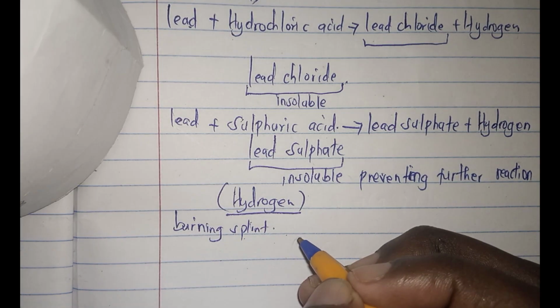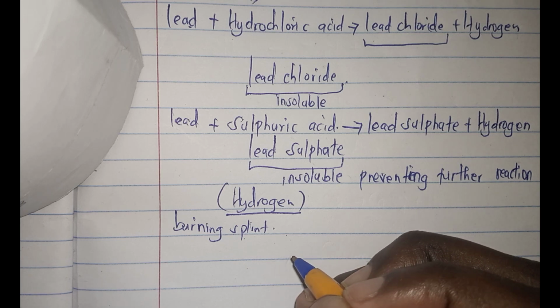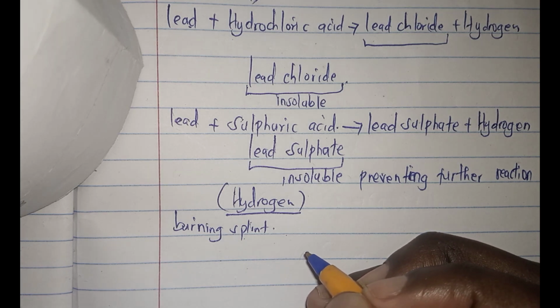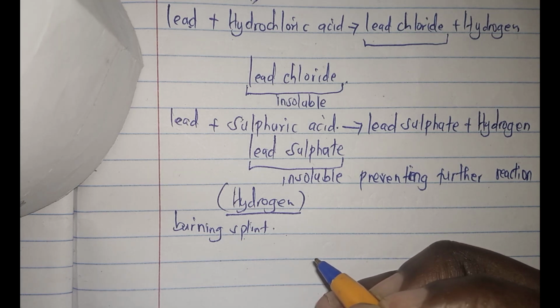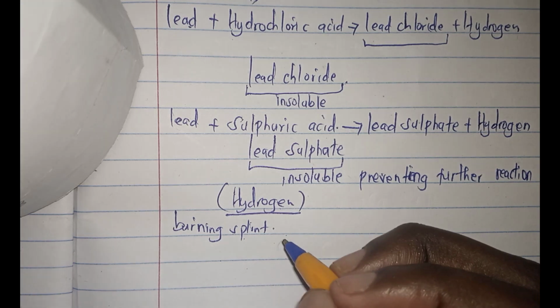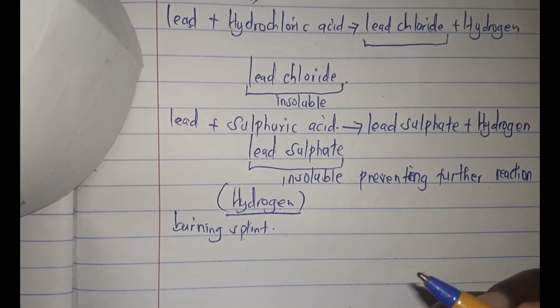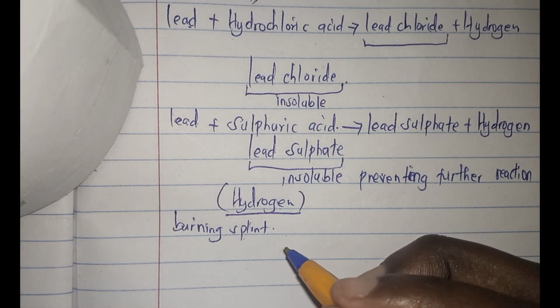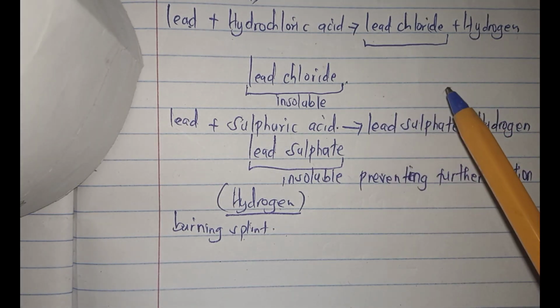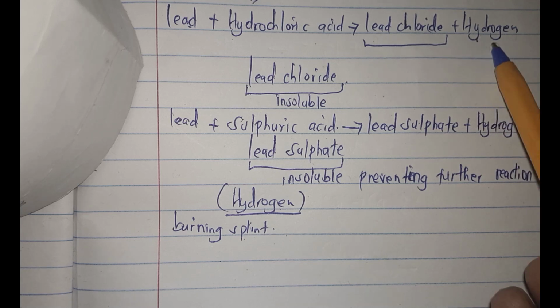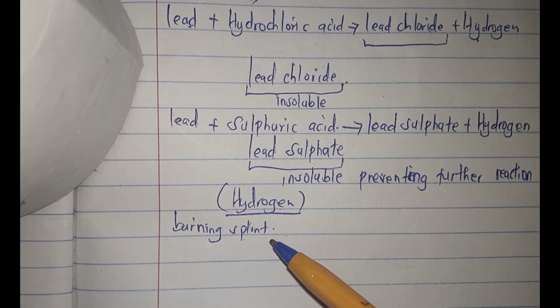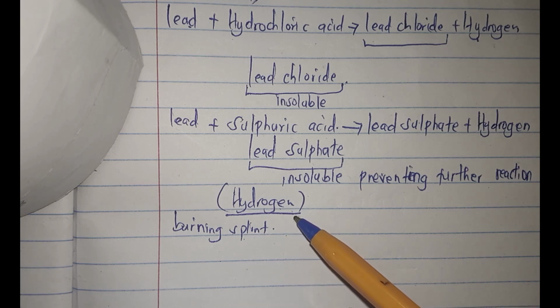When a mixture of hydrogen and air burns, it burns with a pop sound, and this is the test for hydrogen gas. If you want to know the gas that is produced, you have to use a burning splint to know exactly the name of the gas, which is hydrogen gas.